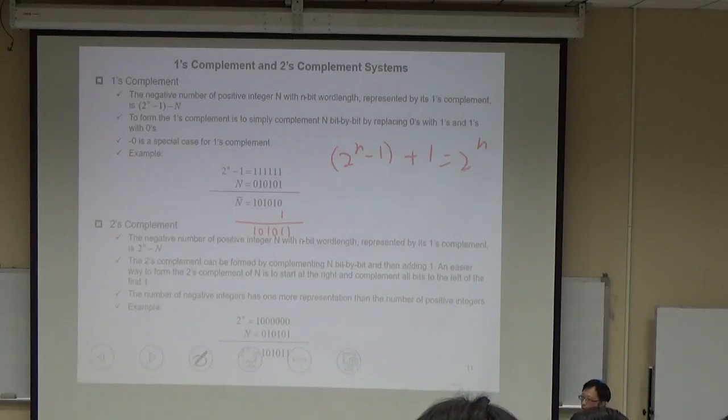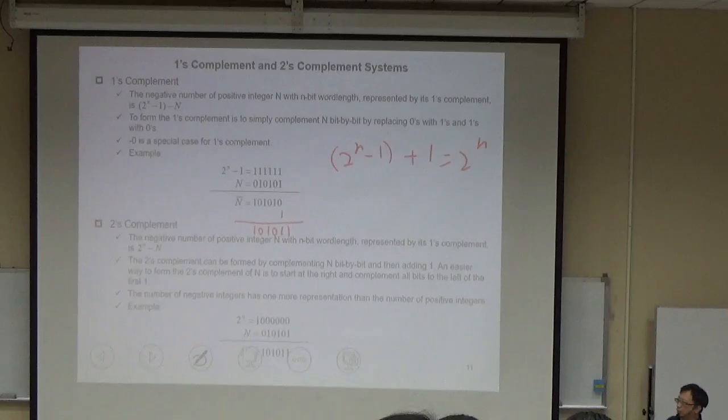After you obtain the one's complement result and add one, you get this expression, and this expression will be the two's complement result. Okay, check. These are the same as this one. Okay, that's the definition.